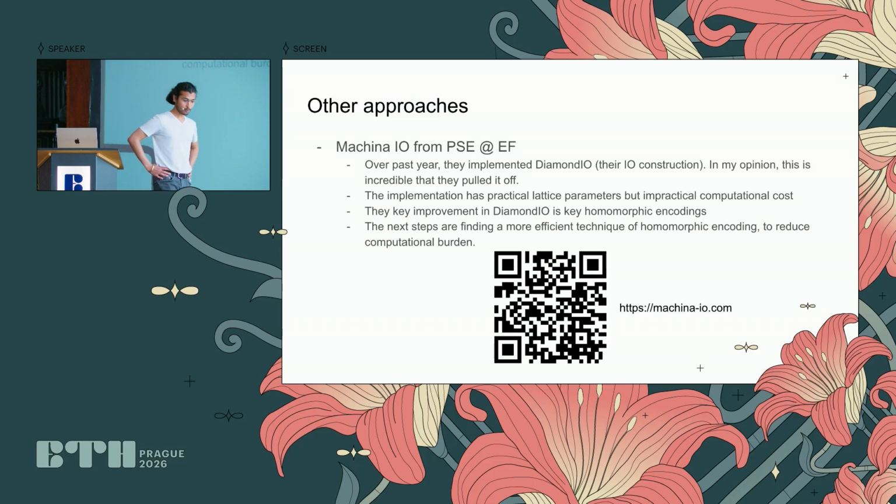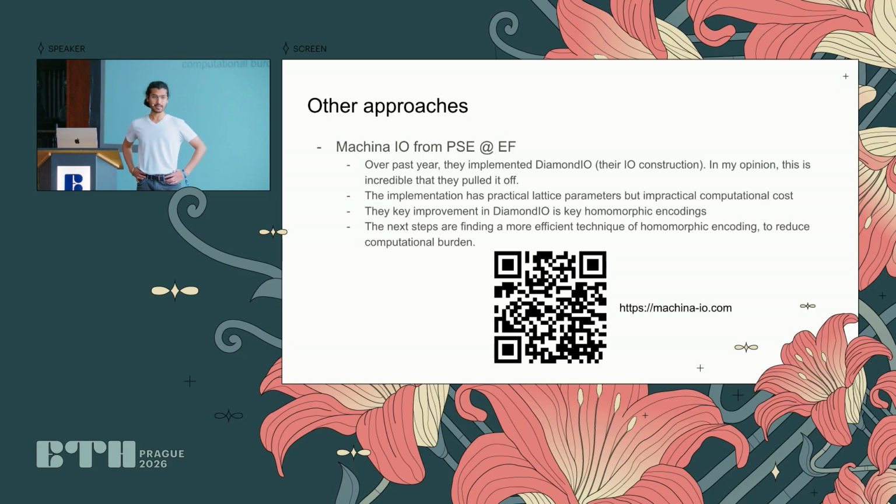They have pulled off something that, in my opinion, I told the person was not possible a year back. They've pulled off an exact implementation of Diamond IO, which is an obfuscation scheme based on secure cryptographic primitives. The implementation has practical lattice parameters, but again, astronomical execution parameters, meaning it will take, I don't know, how many years before I die for it to be executed.